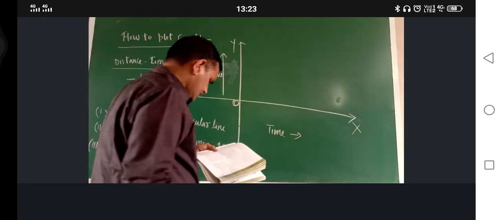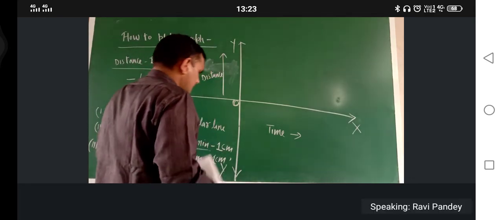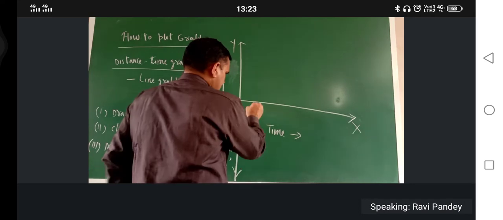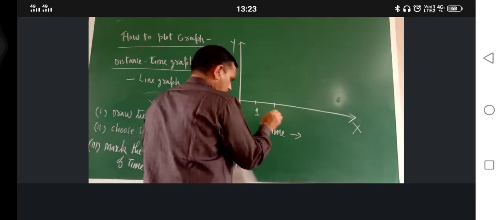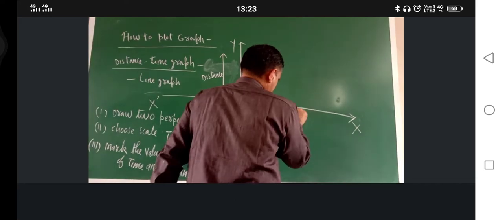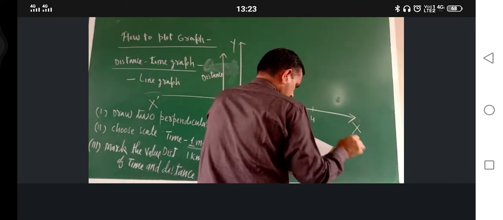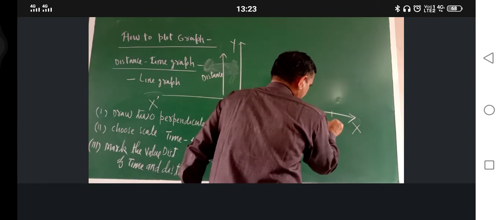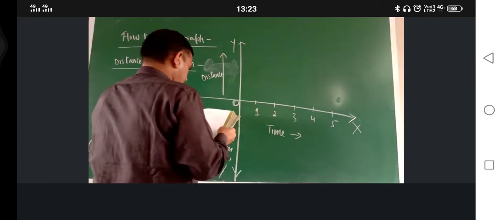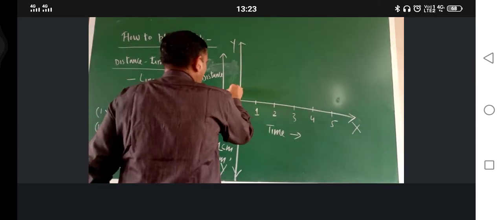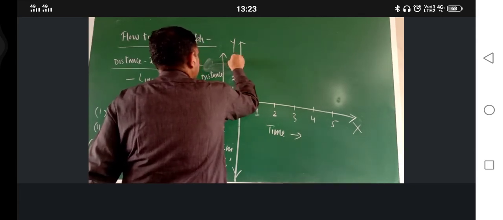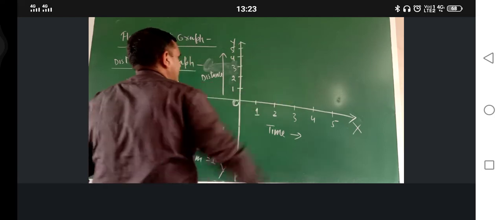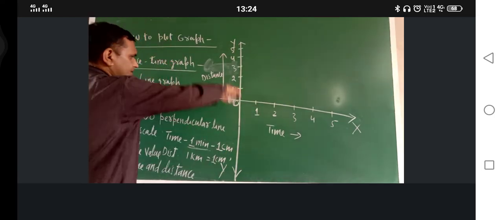Just see here. 0, this is 1, this is 2, this is 3, this is 4, this is 5. And here, 1, this is 2, this is 3, this is 4, this is 5. This is distance.